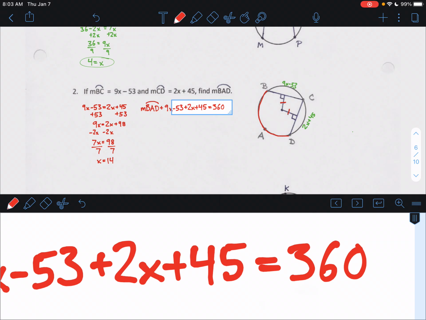So I don't know if there's actually a special word for adding to 360. I know adding to 90 is complementary, adding to 180 is supplementary. Let me actually look that up real quick. I'm sitting in front of my computer.